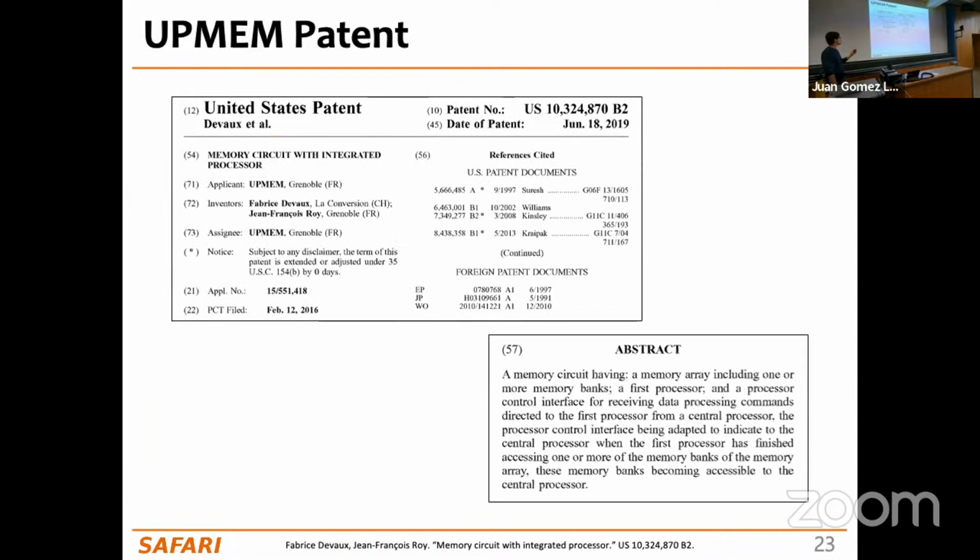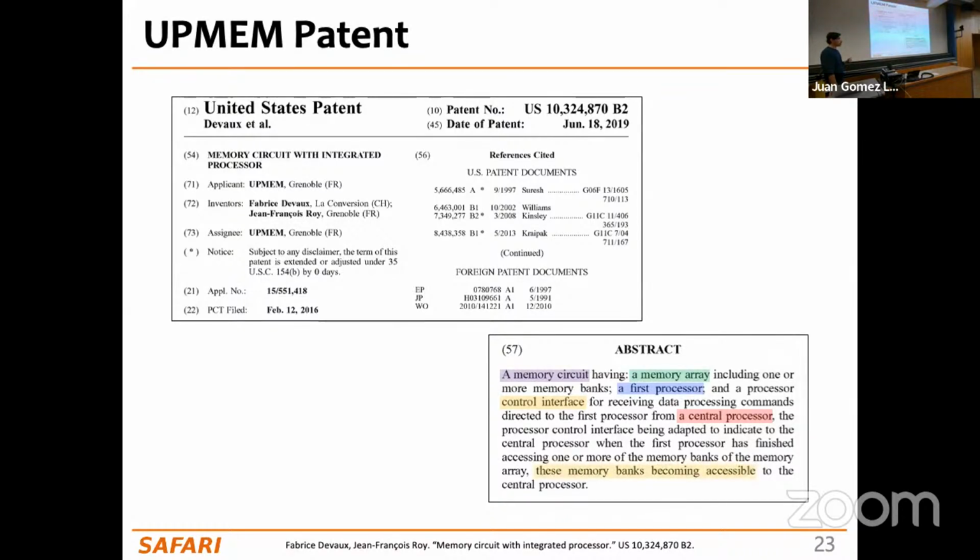If you want to know what the UPMEM system is, there's a first definition. It's a memory circuit with a memory array, a DRAM bank, and a first processor. This first processor is called first processor here because it's the one closest to the memory array. This is the DPU. And there is a control interface for the first processor to receive commands from a central processor that is going to be the host CPU.